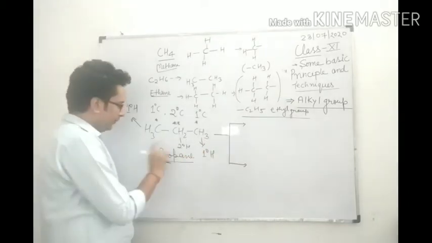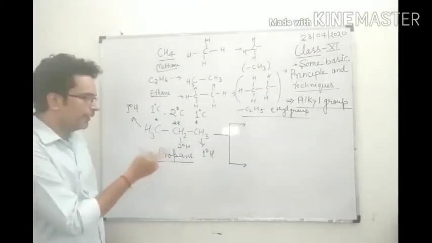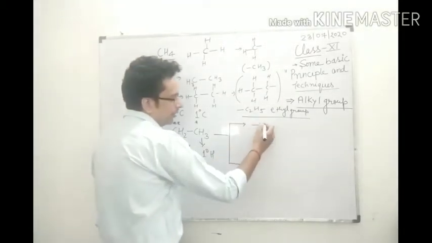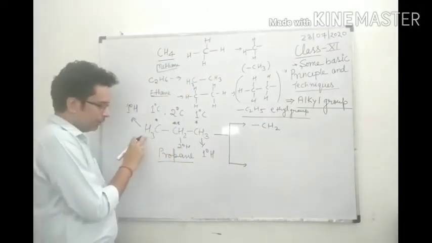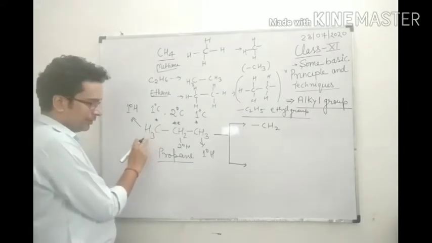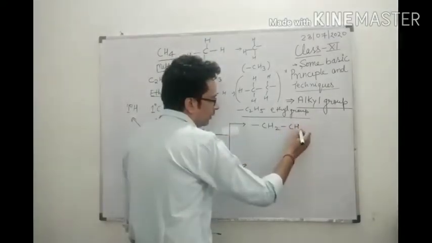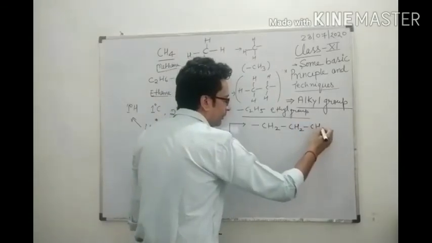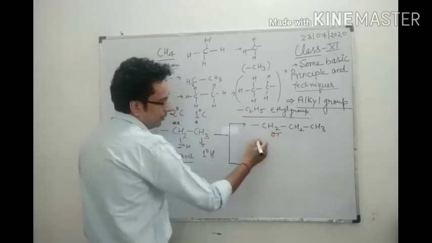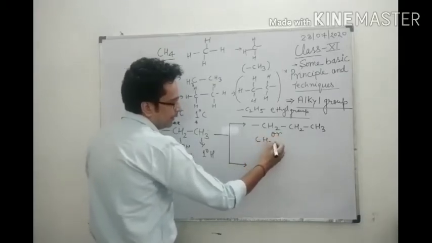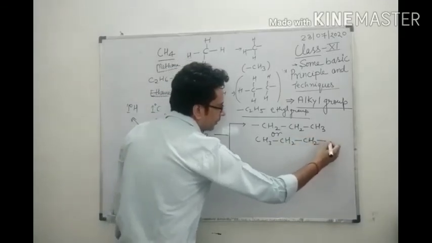If we remove this hydrogen, then what happens? CH2, because one hydrogen is removed, so CH2, then CH2 and CH3. Or it can also be written as CH3 CH2 CH2.